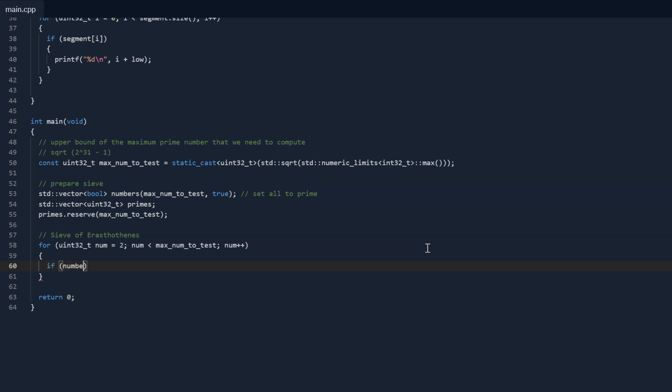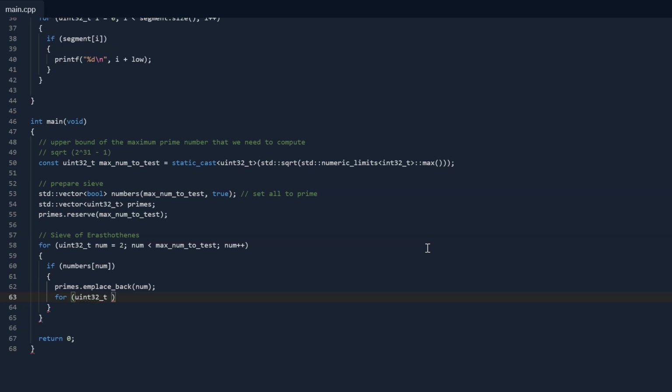If the number is prime, we can directly add it to our primes array, and we need to set its multiples to not be prime.